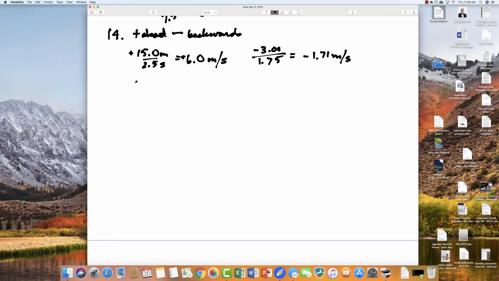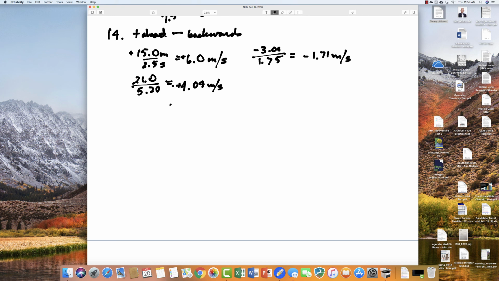And then the last one is 21.0 meters in 5.20 seconds. And that ends up being 4.04 meters per second in the positive direction.